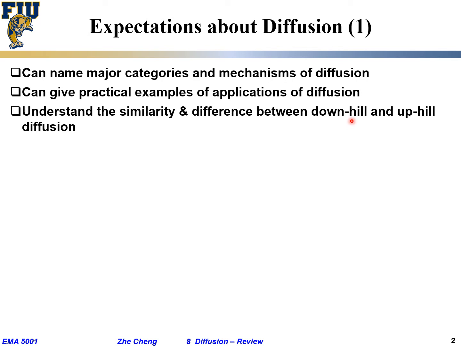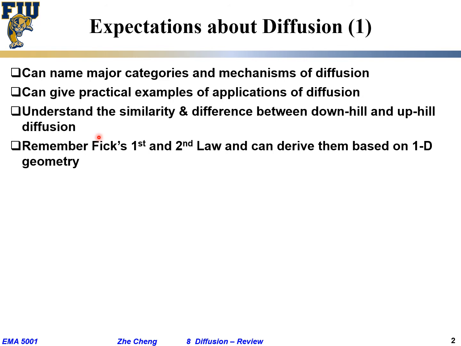Downhill is from high concentration to low concentration region, while uphill is from low concentration to high concentration. But the similarity is that they are both driven by the reduction in chemical potential. And when the chemical potential is uniform, the same throughout, then the macroscopic diffusion appears to stop. But self-diffusion always happens. Okay?